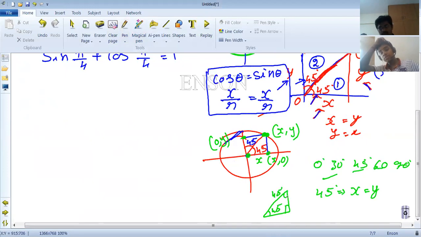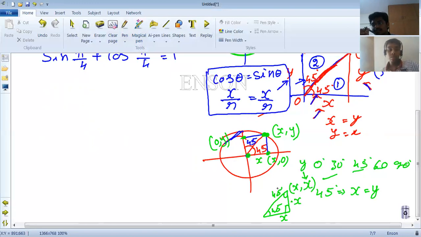So this length is x, in the sense this length must and should be x or not. Why? Because both angles are equal. Side lengths also must and should be equal in an isosceles triangle. Correct? So in that situation, can I take here the point as x comma x instead of y? Since the angles are congruent to each other, right? Yes, correct.